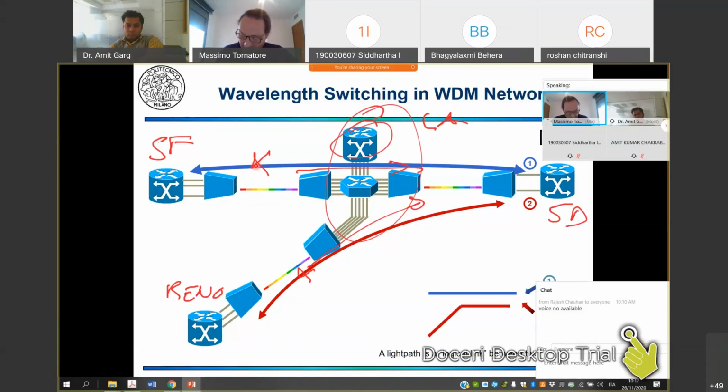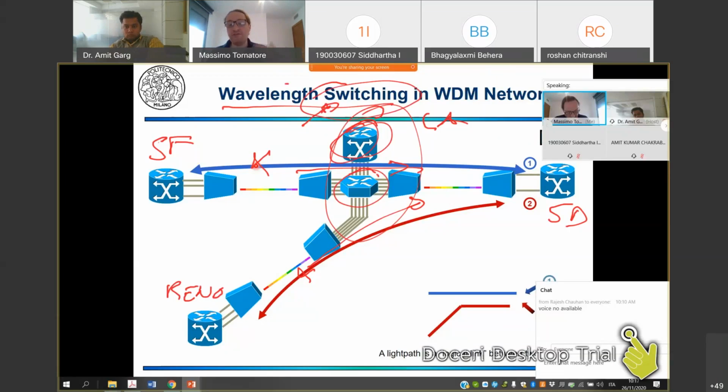We just stay in the OXC, which has a cost and an energy consumption which is orders of magnitude lower than the router. And so also the switching in the network, in the optical domain, the wavelength switching has a strong impact on the cost minimization of the network.